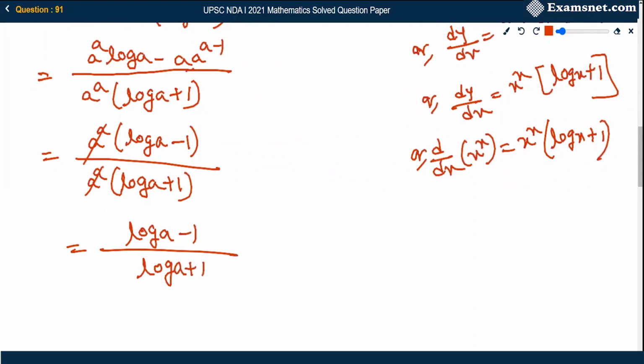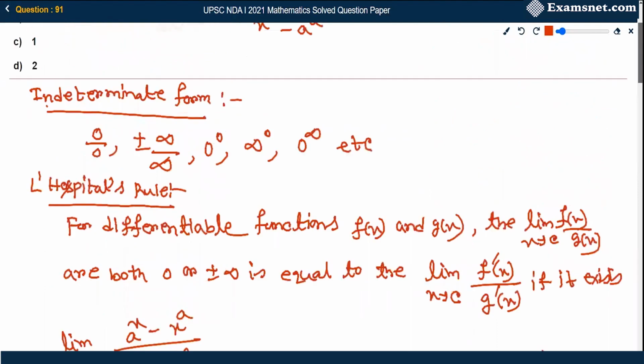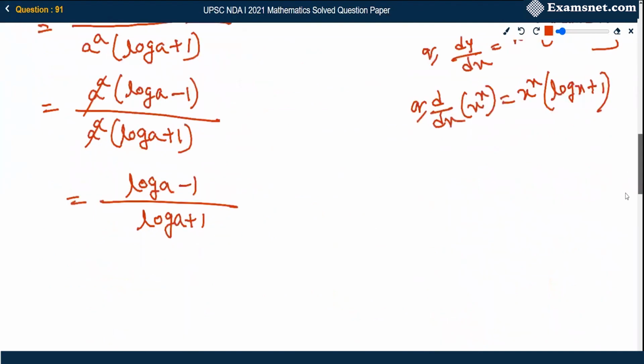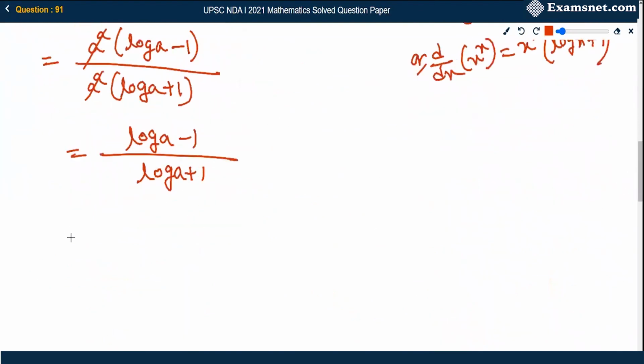Correct. Now it was already given that this limit equals minus 1. Therefore, (log a minus 1) by (log a plus 1) equals minus 1. Okay.